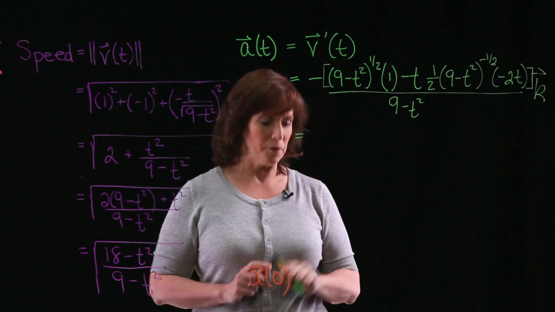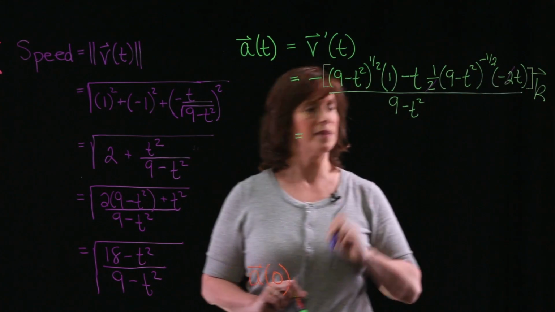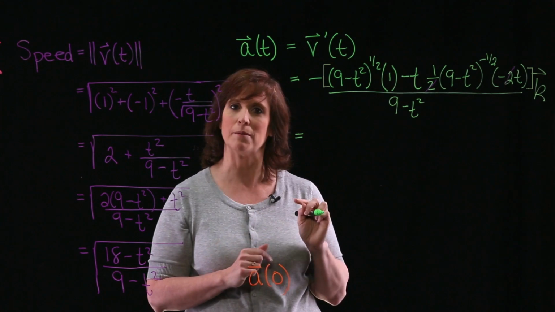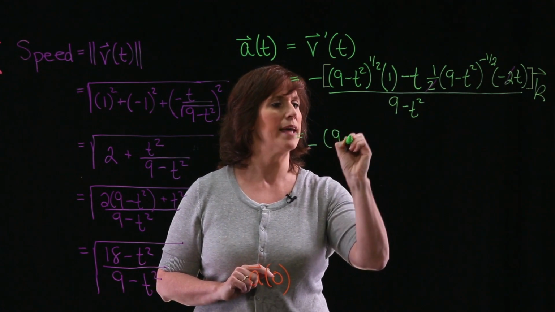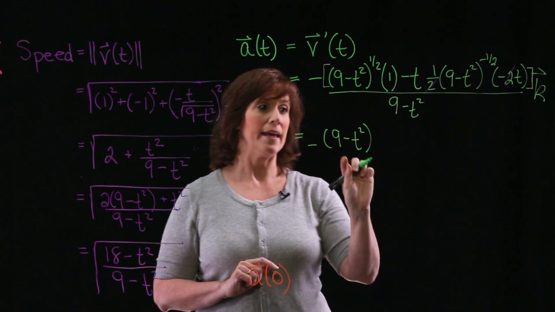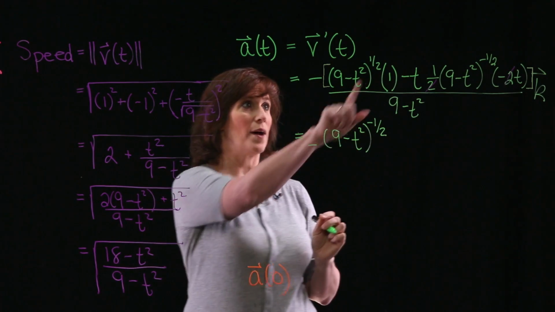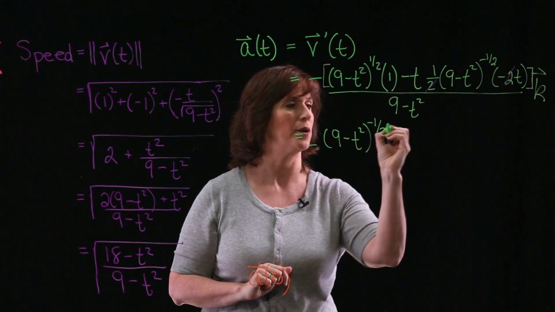Okay, I notice I have some simplifying I can do here. For one thing, this 2 will again cancel with that 2. And I notice that I have two very large terms in my numerator. Both of them have a 9 minus t squared in them. And I'll factor out 9 minus t squared to the negative 1/2, because here's the positive 1/2, here's the negative 1/2. This is the smaller of the two.